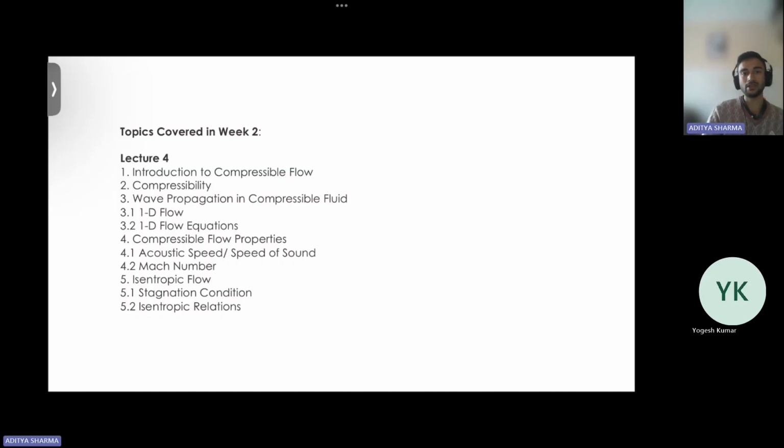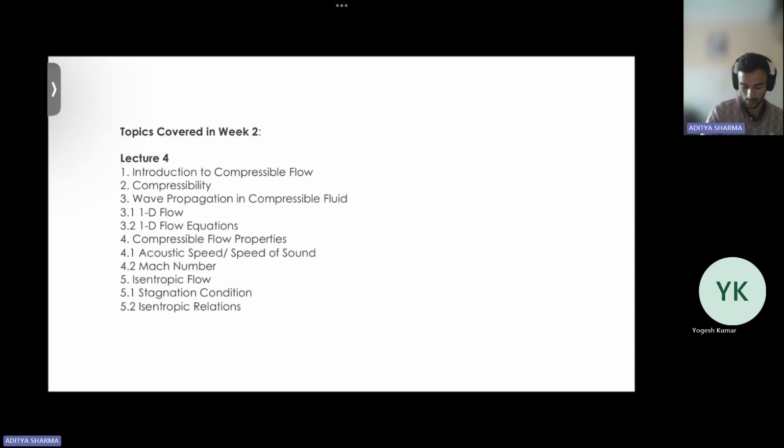Okay, so then we moved on to isentropic flows. Isentropy is nothing but where there is no change in the entropy. Literally speaking, isentropy is where there is no change in entropy.